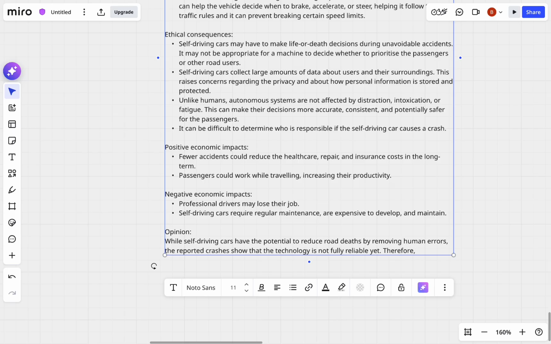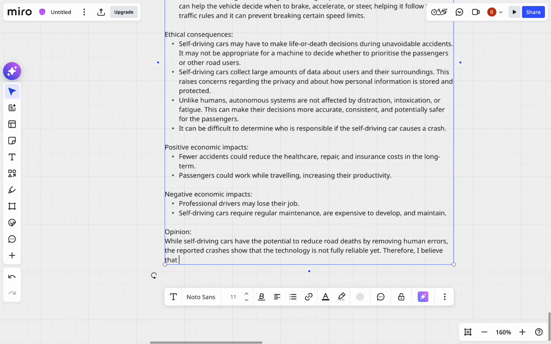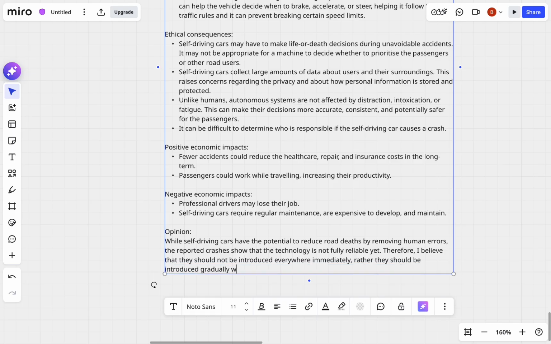Therefore, I believe that they should not be introduced everywhere immediately. Rather, they should be introduced gradually with strict regulations to reduce the risks associated with them.